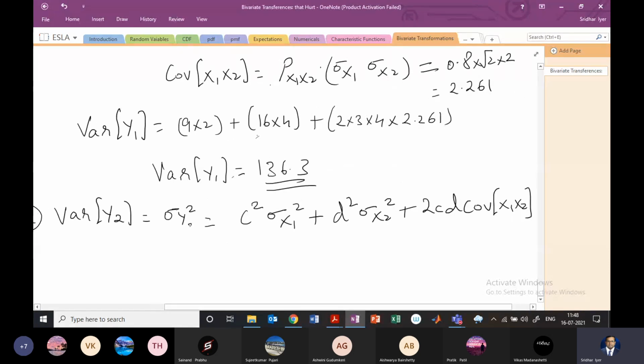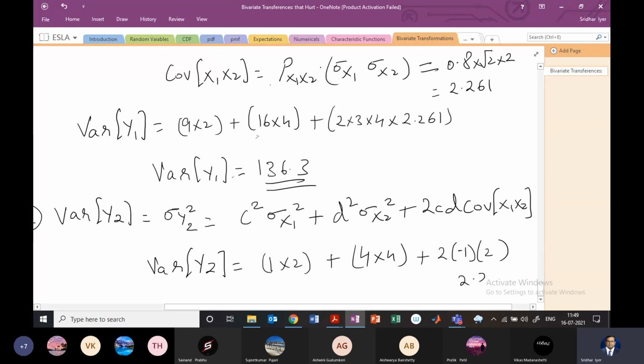So plugging in the values, c is -1, so square will make it 1 into 2 plus 4 into 4 plus 2 into -1 into 2, and this covariance is 2.261, right?